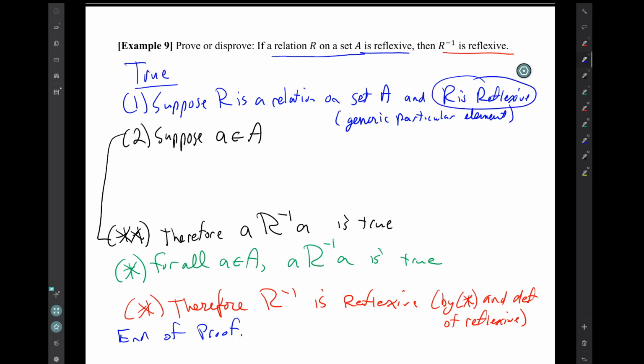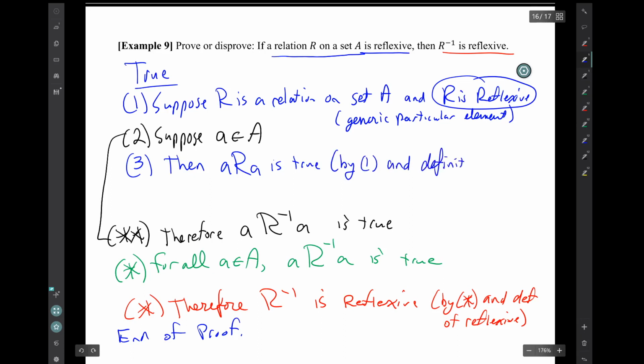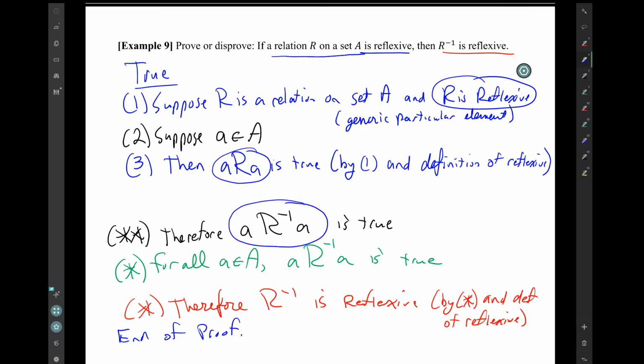So because of that, we can say the following. Well, now look, we know that a R a is true, and so therefore we can just right away say that this is true by definition of R inverse.